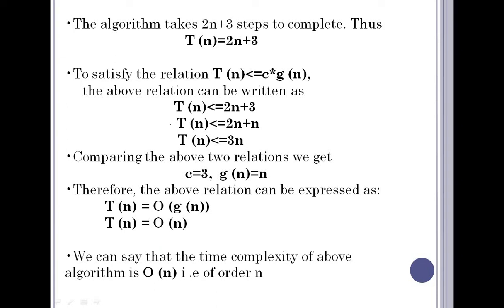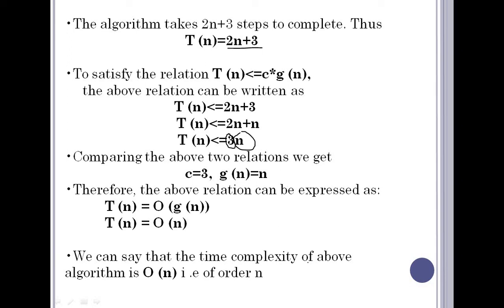So we will find c is 3 and g of n is n, which is always greater than 2n plus 3. So we can see that my t of n can be represented as big O of g of n, that is big O of n, for n greater than or equal to 4. In this way I can represent the time complexity of the algorithm in the order of n.